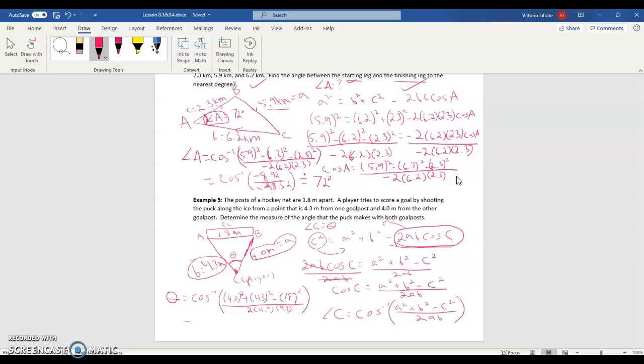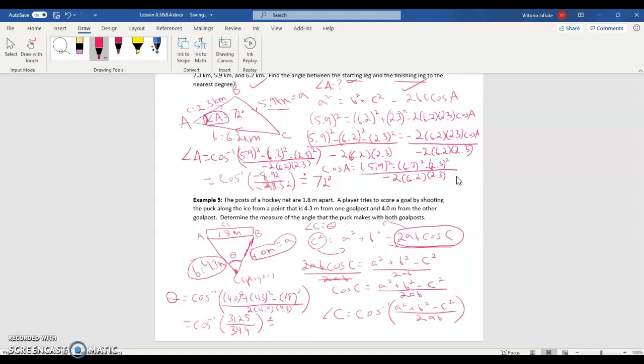So we get cos negative 1 is 31.25 over 2 times 4 times 4.3 over 34.4.